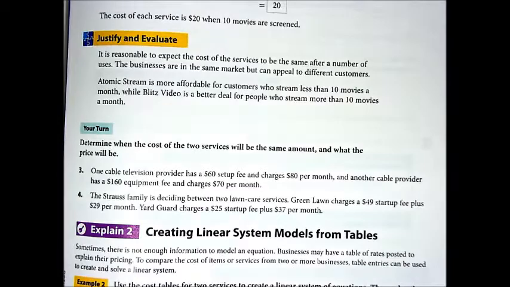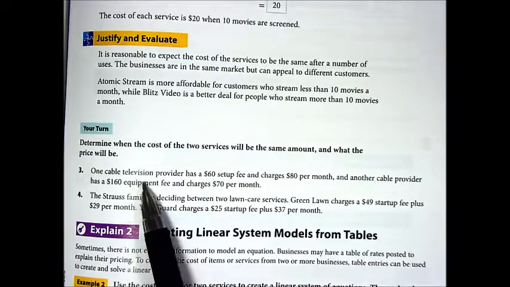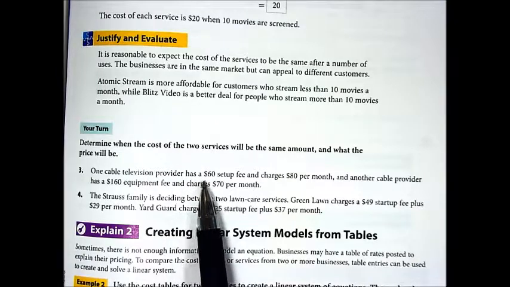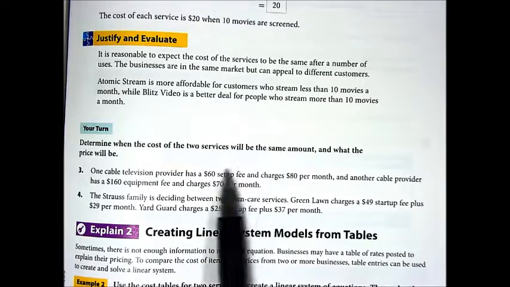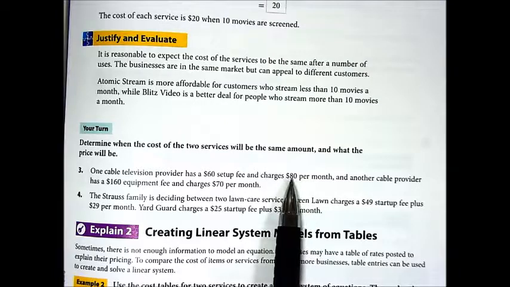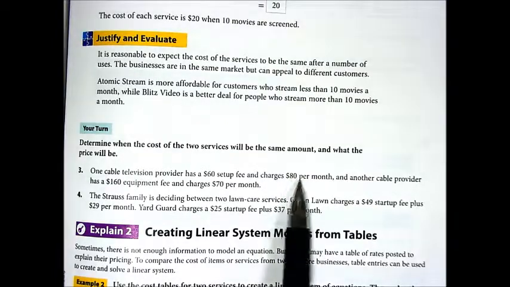So let's look at the first one. If you look at this and you ask yourself, okay, what is the initial upfront amount that this cable provider is going to charge? That's your $60 setup fee. That's your y-intercept. If they're going to charge you $80 a month, you want to understand that as the year goes on, you are going to increasingly change the amount you have paid by $80 every month.